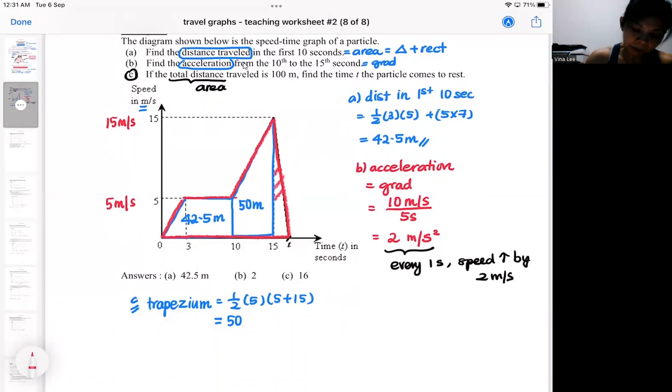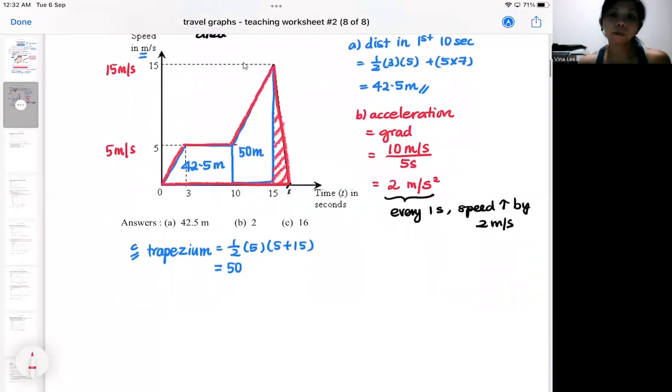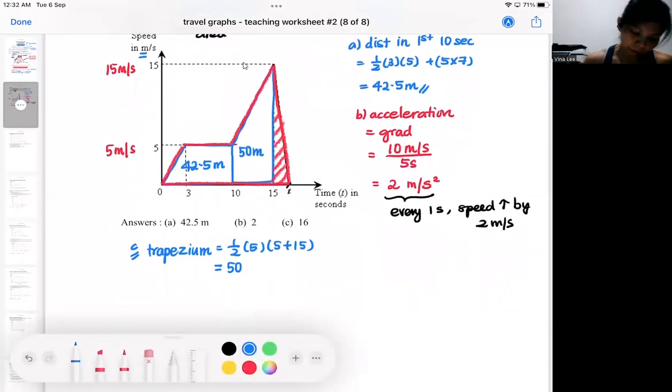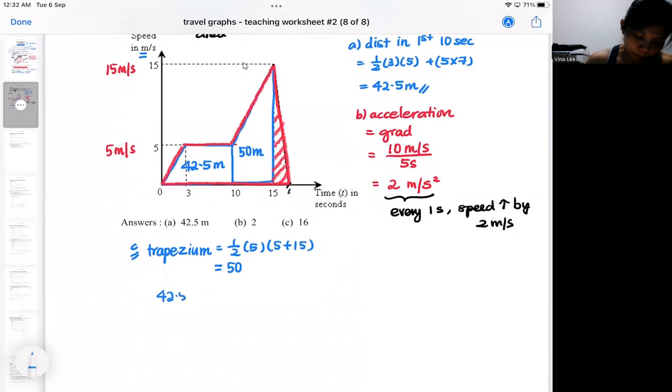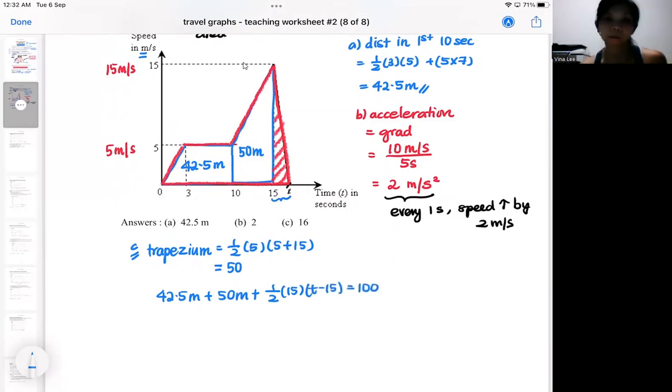So that left me a triangle. So I can actually form an equation: 42.5 meters plus 50 meters plus the triangle, half times base times height. The base will be t minus 15, and that will be equal to 100. So you can do that and solve it like an equation, but your equation is formulated based on area.